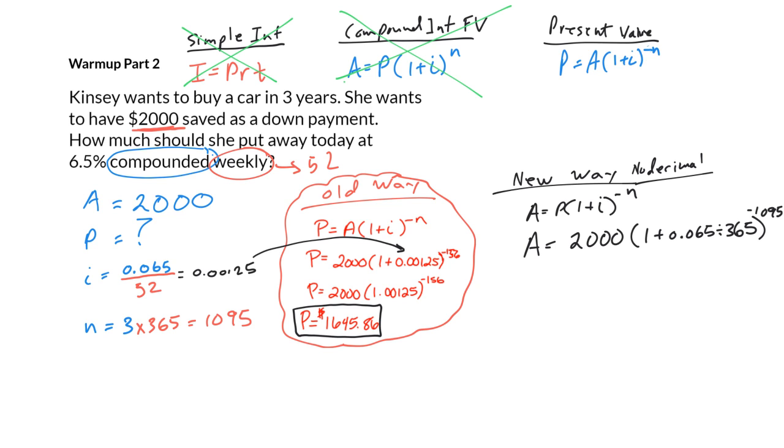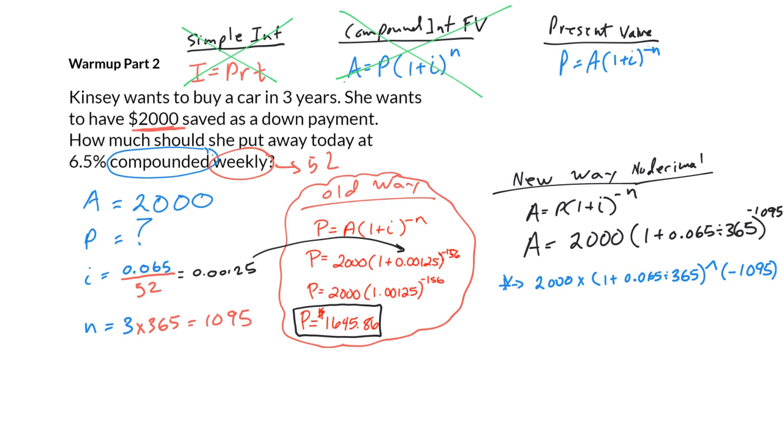And all we're going to do is punch that exactly as you see in your calculator. So you're going to put 2,000, bracket, 1 plus 0.065 divided by 52, bracket, x to the y, and then negative 156. Now, this is how it would look if you typed it on the calculator.